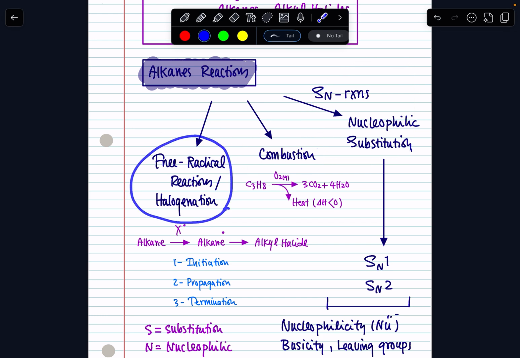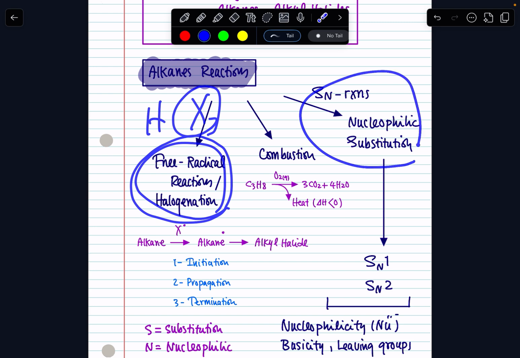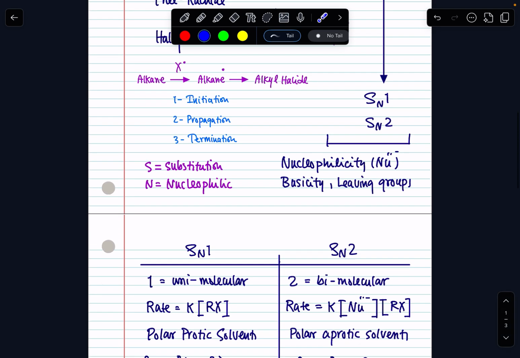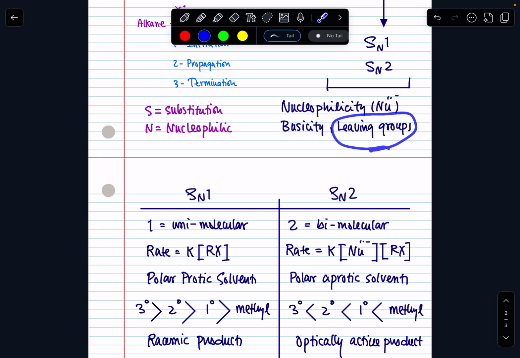Technically, halogenation is a free radical substitution type reaction as well. You're substituting a hydrogen with a halogen. Here you're substituting two species. One of them is the nucleophile. The leaving group essentially is what leaves the alkane.